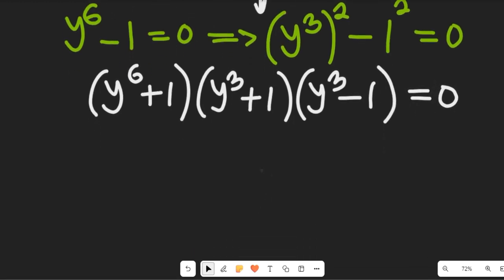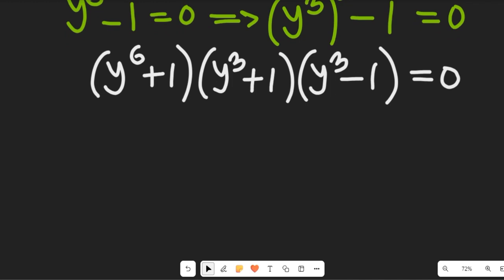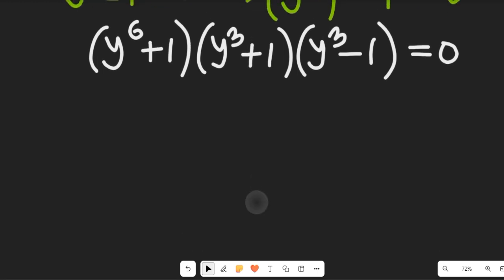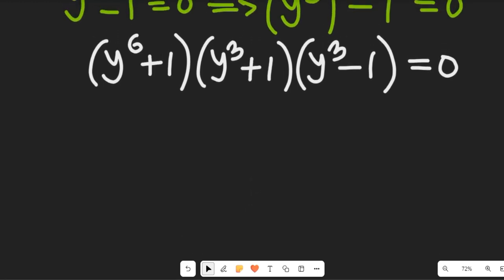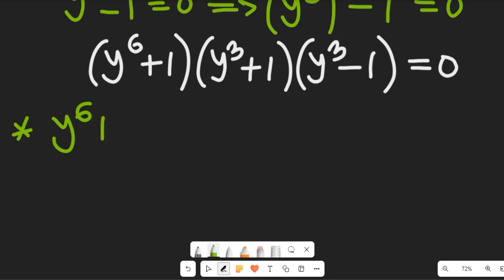So we've only expanded y to the power of 6 minus 1. From this expression, you can see that having all these products, y to the power of 6 plus 1 can be equal to 0. From here, we can see that in the first case, y to the power of 6 plus 1 can be equal to 0.